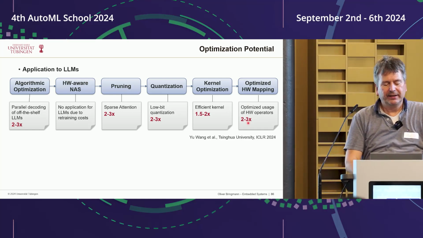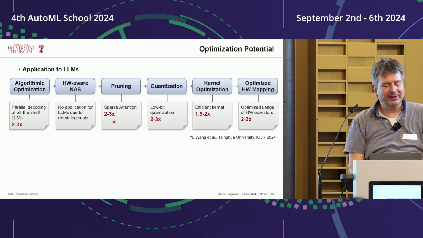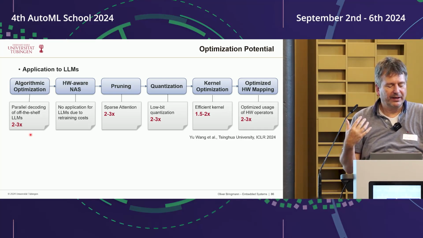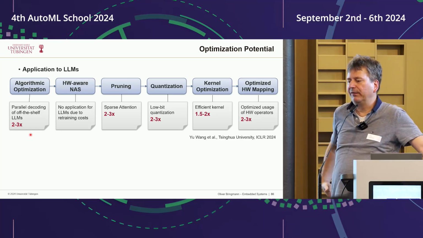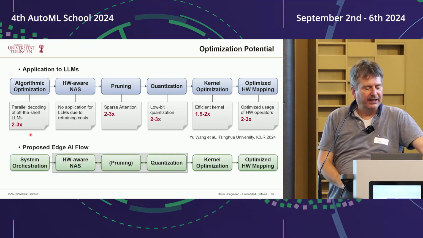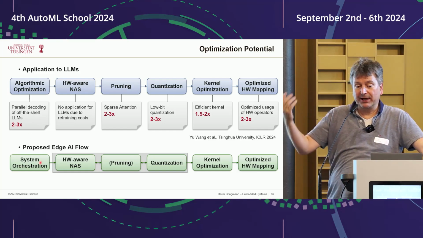And you will see, without optimization in his work, you will have at each level 2 to 3x less performance at the end. That's also the idea we follow. A little bit differently, we have some kind of system orchestration at the beginning.